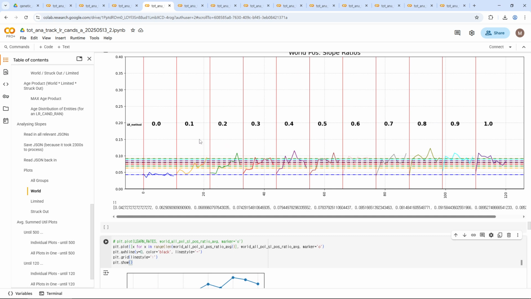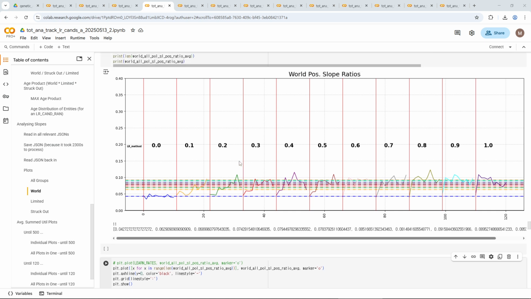Here the difference between 0.0 and 0.1 and between 0.1 and 0.2 is less noticeable in this case.